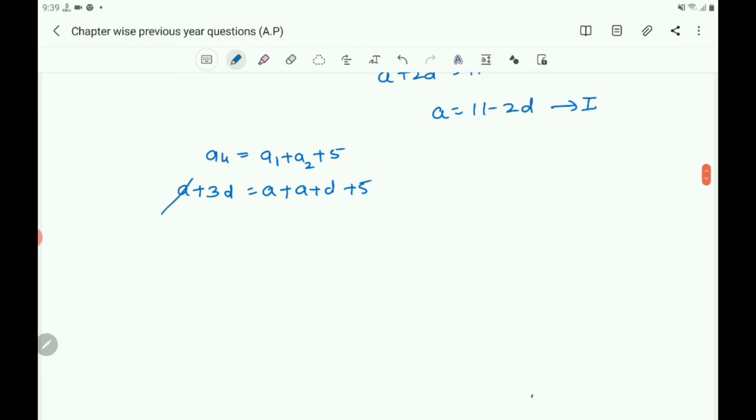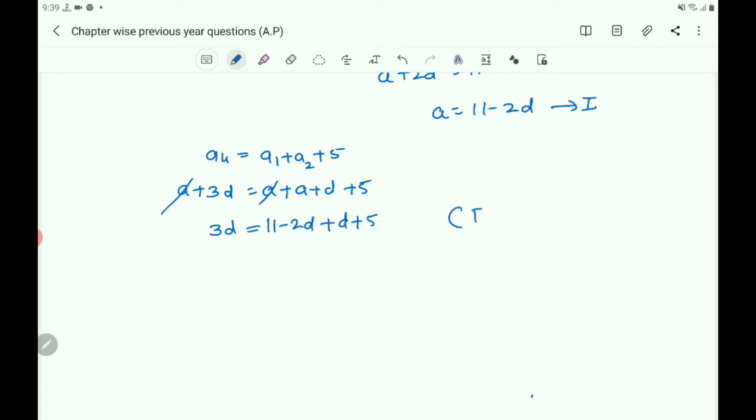Then you cancel A and A, that is 3D equals A plus D plus 5. In the place of A you can write 11 minus 2D, which you got from the first. So write 11 minus 2D plus D plus 5.